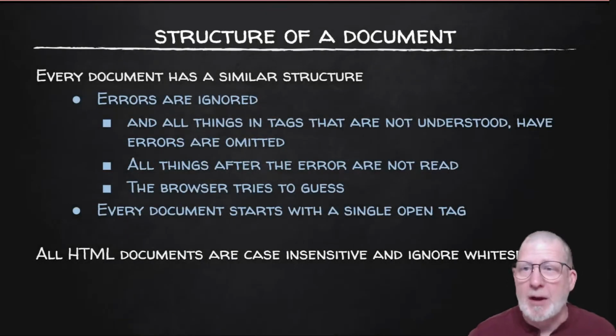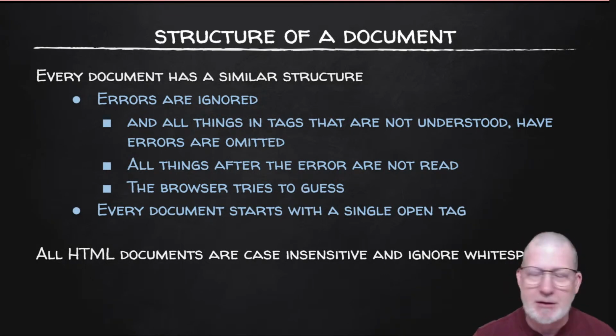When we're working with the web, we also don't want to break the internet. What that means to most of us is that when your HTML page gets interpreted, the browser makes some guesses and assumptions. It doesn't want to break the internet, so for the most part, a lot of errors are ignored.